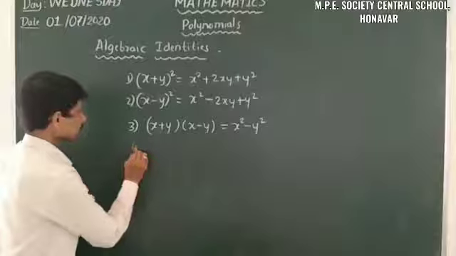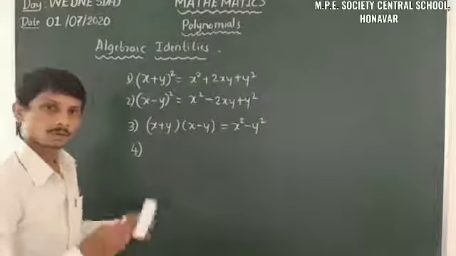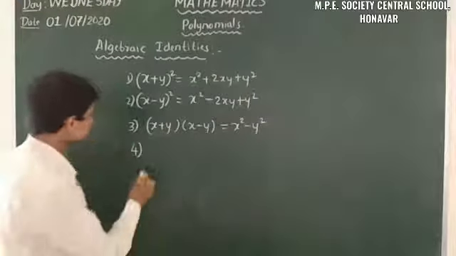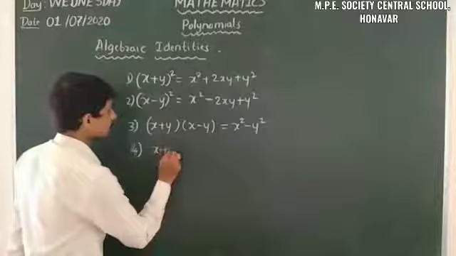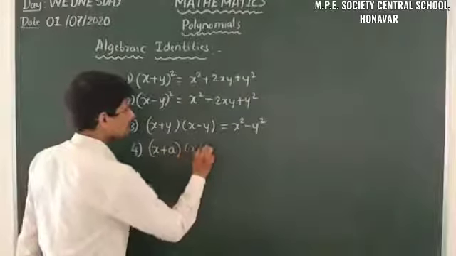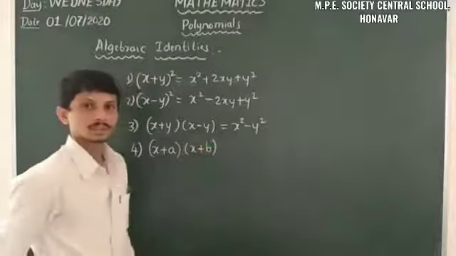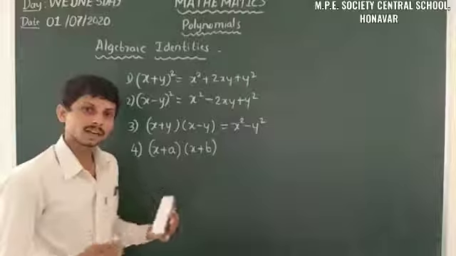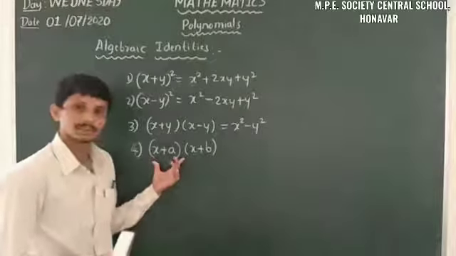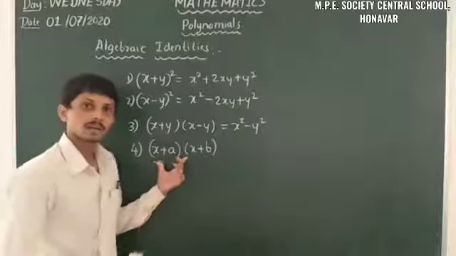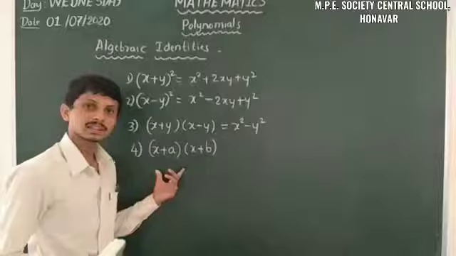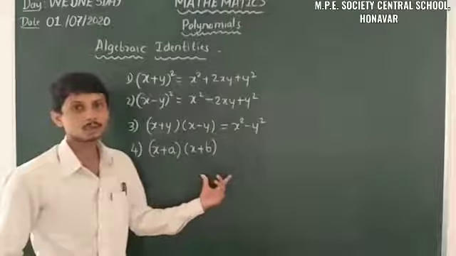So again, coming to the fourth property or fourth identity, that is (x plus a) into (x plus b). Here you can take this as a 2 number and this as a 1 number. This is a binomial and it has a monomial.